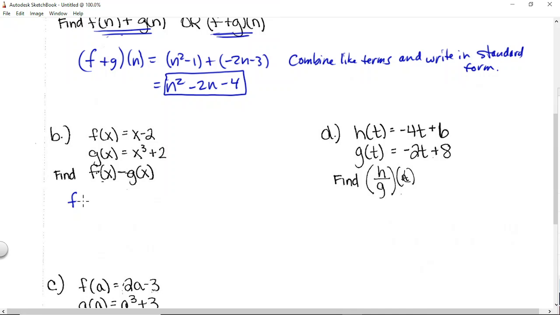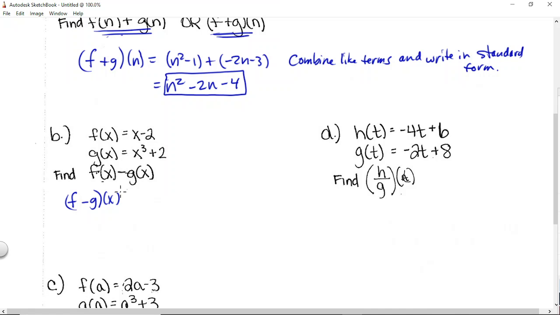I'm going to write it as f minus g of x. I think that's the way they're written in your book, well, actually they're usually written the other way. So for the rest of these, I'm going to write them in the other format.